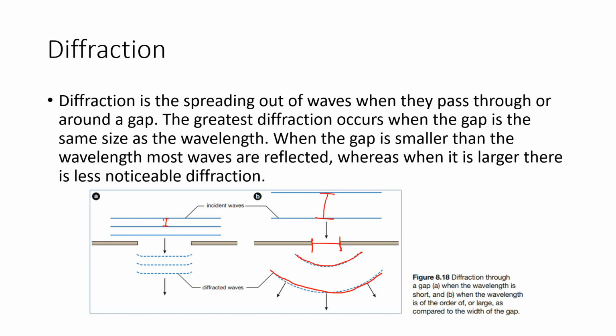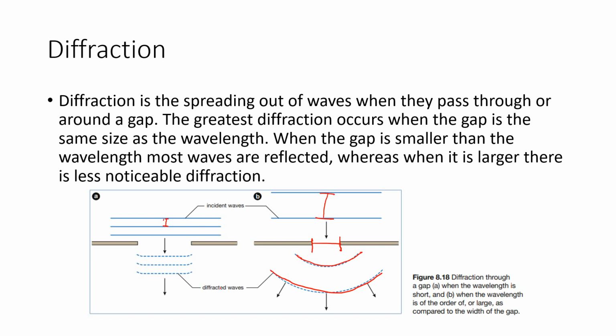In order for us to observe great diffraction taking place, the size of the gap has to be the same as the wavelength of the wave. If the gap is larger than the wavelength, then the waves are going to pass through with little to no diffraction taking place.